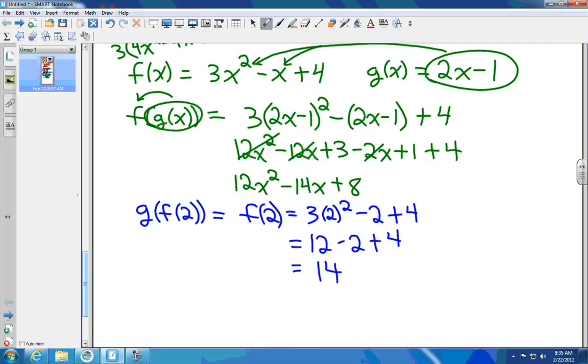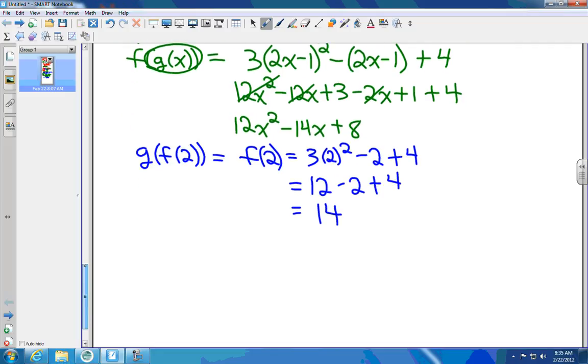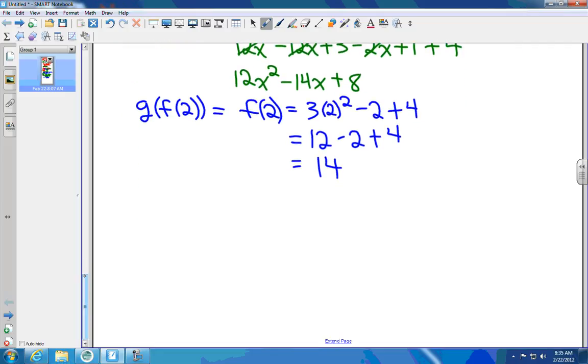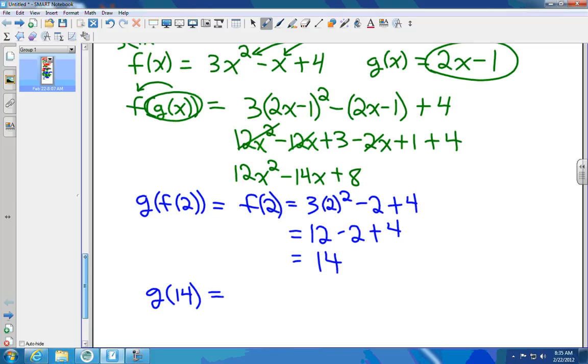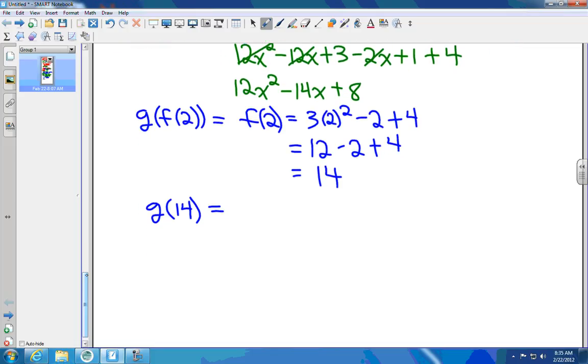So now we know what F of 2 is. We can replace that with what? What is F of 2? 14. So now instead of finding G of F of 2, all we need to find is G of 14. So we go over to the other function and replace the X. So it'd be 2 times 14 minus 1. Is what? 27. That would be your final answer for that.